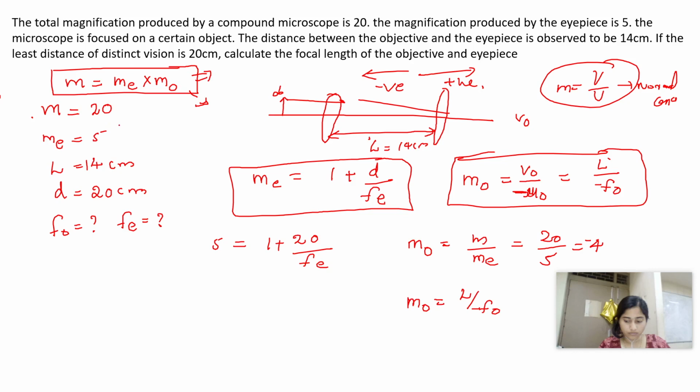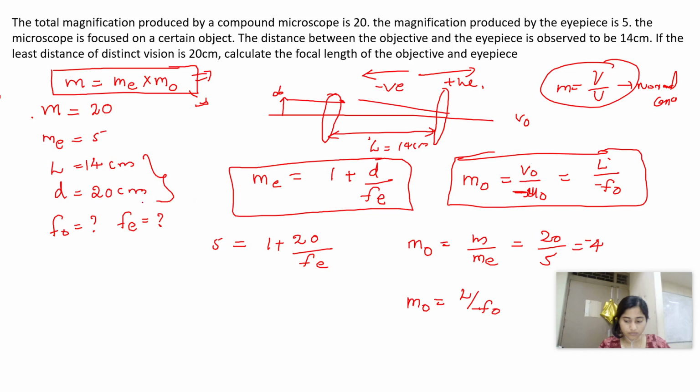Now here the values given are length, which is the length between the objective and eyepiece, and distance. The least distance of distinct vision will be 20. So we have to get a formula which includes L and D values, then only we can find it.